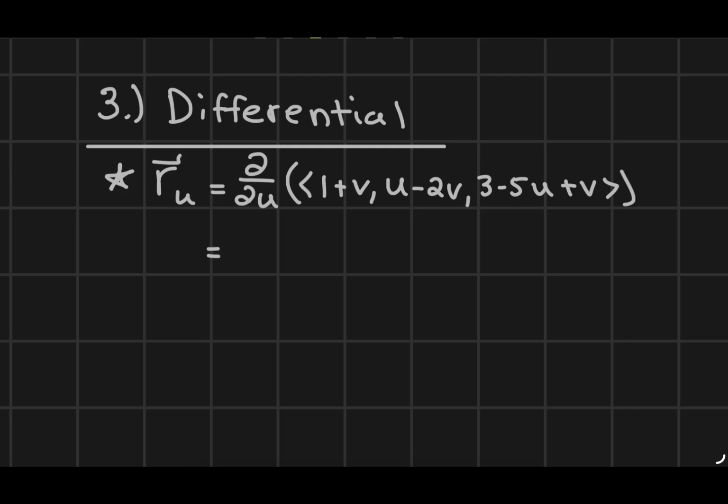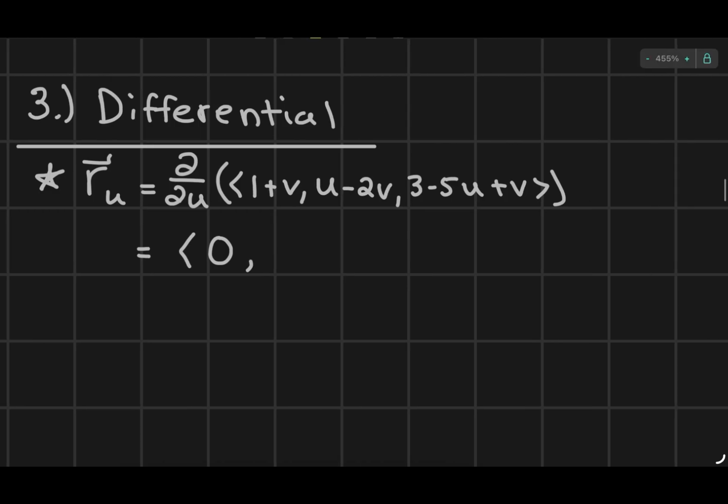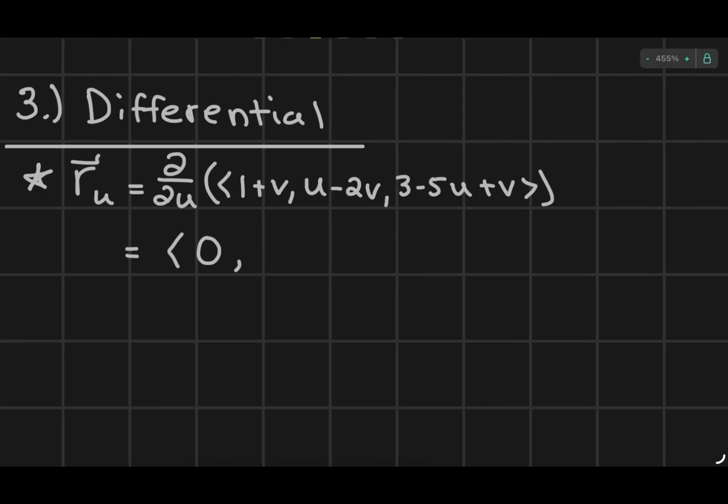Taking the partial with respect to u of each of our separate components, well, our x component, that's going to be 1 plus v. There's no u in there. Everything is treated as a constant. Therefore, our x component is going to be 0. Our y component is u minus 2v. That v is going to be treated as a constant again, so that's going to be 0. And that u is going to be 1.